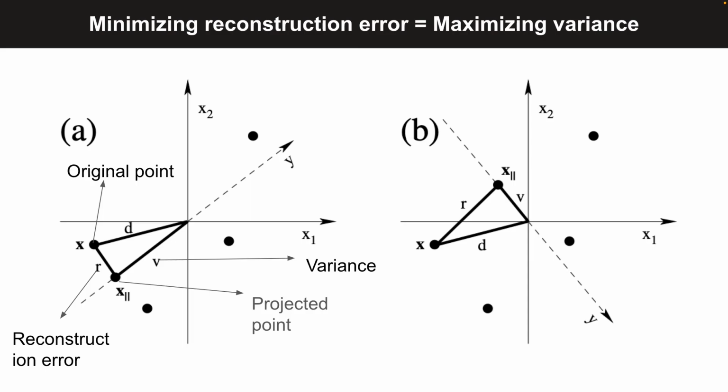Okay. The variance is for the, sorry, I should have been a bit more clear. The variance is with respect to the projected point. If I want to minimize this, I'm essentially going to maximize this, which is equivalent to maximizing the variance of the projected data. So I'll just spell it out.